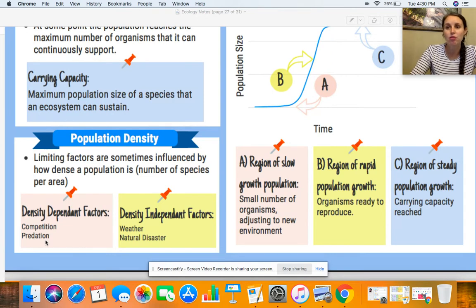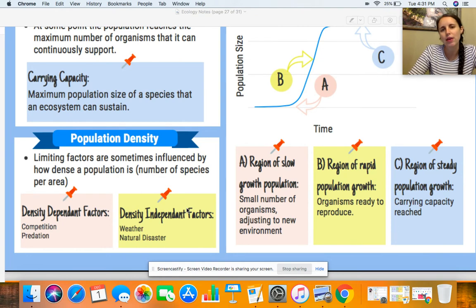If you have a lot of rabbits, it's much easier for predators to catch those rabbits. So therefore, the predation rate is going to be much higher in a dense population. Same idea with competition. When you have lots and lots of rabbits, you're competing with more rabbits for food. So competition is going to be a bigger factor in a denser population. So it's considered to be density dependent.